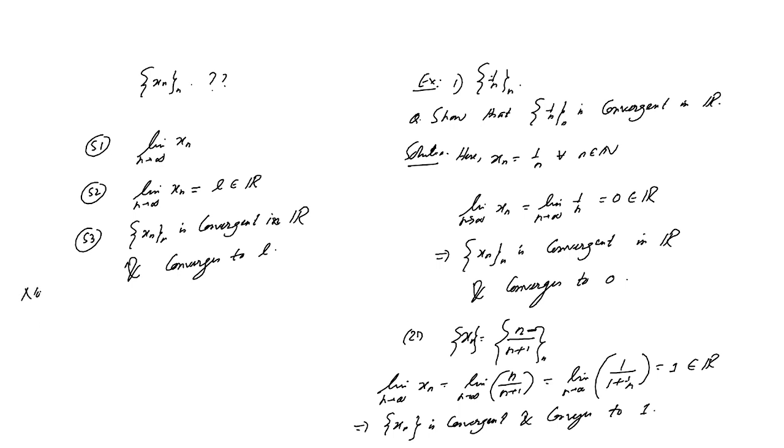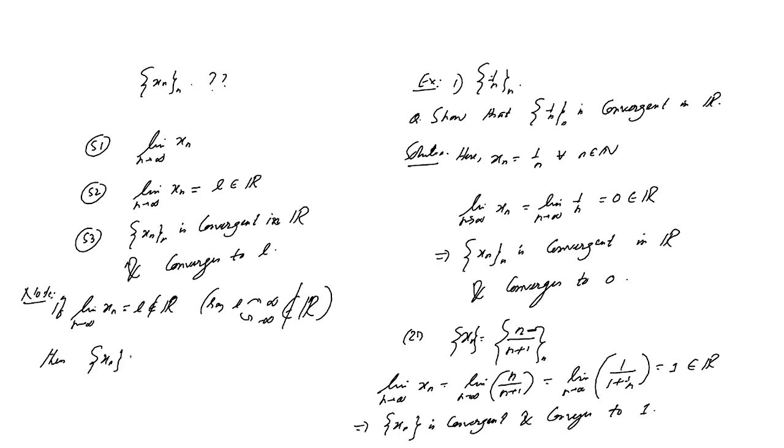Here is another important note. If limit n tending to infinity xn equals L and L does not belong to real numbers, that means L is either infinity or minus infinity, which does not belong to real numbers, then we can conclude the sequence xn is divergent, or we can say not convergent.